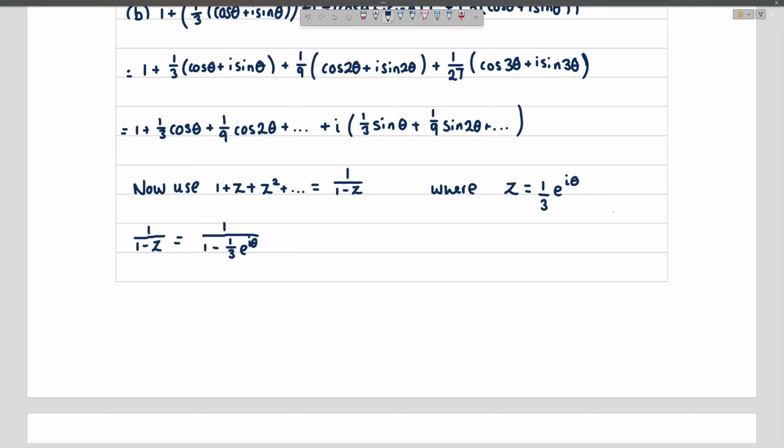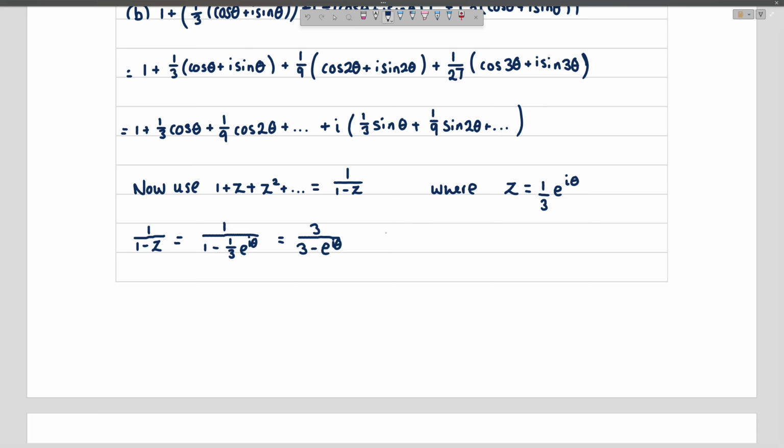Now, if I just times both top and bottom here by 3, that just gives me 3 all over 3 minus e to the I theta there, like so. And at this point, what I now want to do is times through by the complex conjugate.